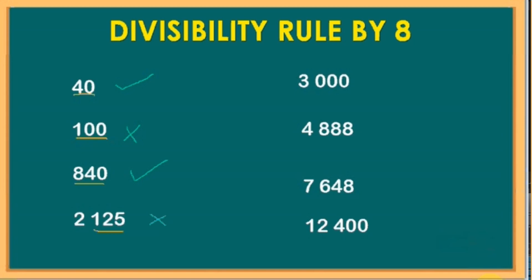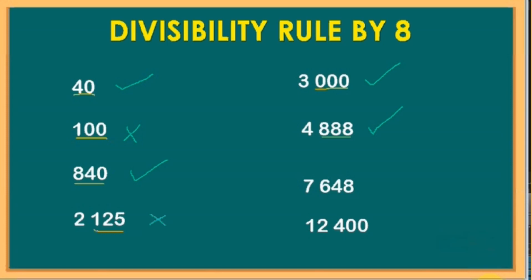For the next example, we have 3,000. The last 3 digits are zeros. Therefore, 3,000 is divisible by 8. 4,888. 888 is divisible by 8. So 4,888 is divisible by 8.